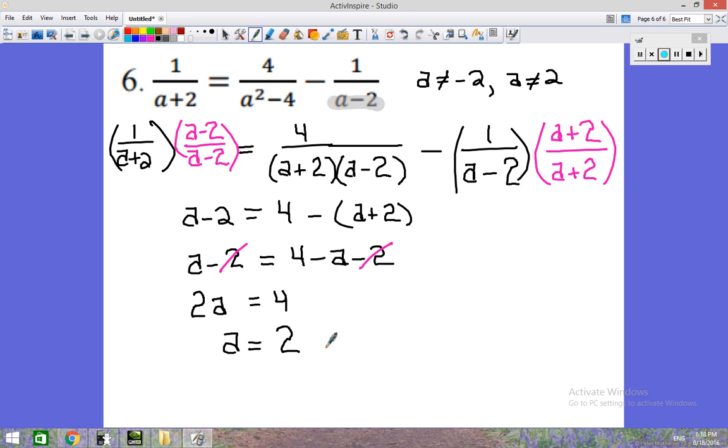So this is an extraneous solution. It was a solution to this equation when we cleared our fractions, but it is not a solution to our original equation. So my final answer is no solution.